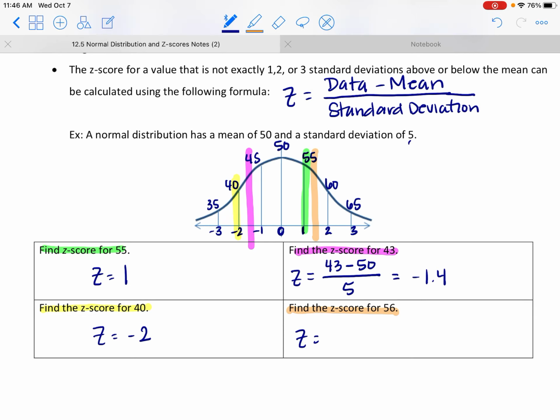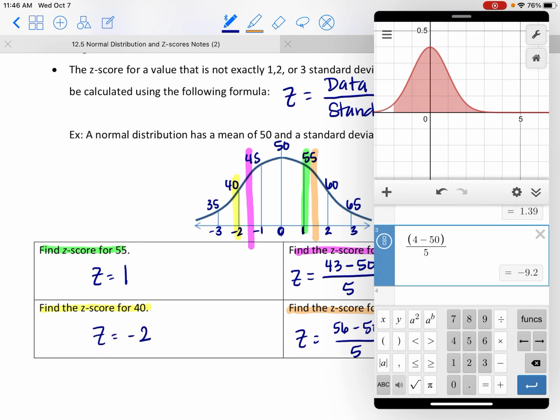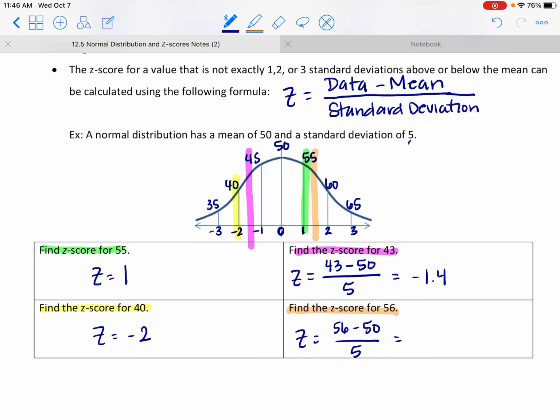So the z-score for 56 says take the data, which in this case is 56, subtract the mean of 50, divide by the standard deviation of 5, and now I can just change this to a 56, and it's 1.2, which makes sense. Okay, 1.2.